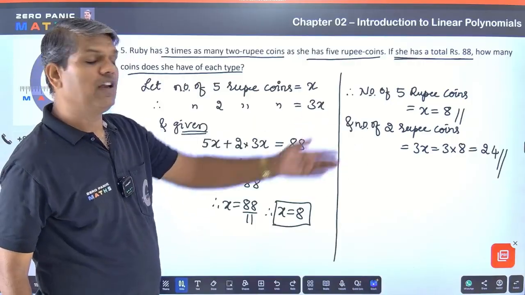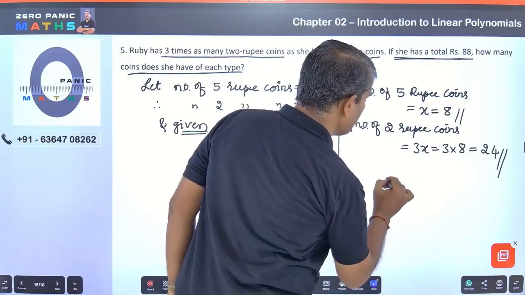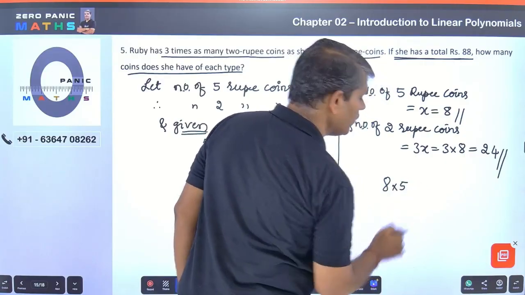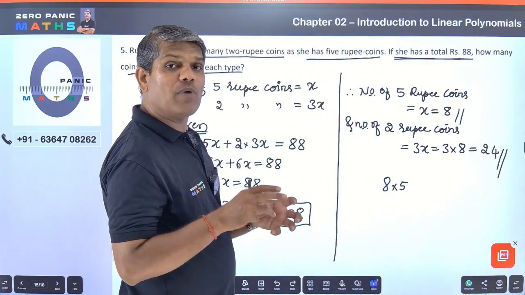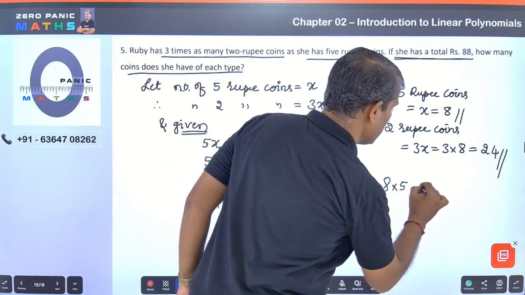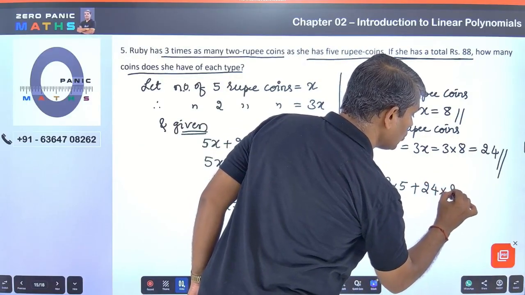Again, you can verify it. So how do you verify? x is the total number of 5 rupee coins, right? So what is x? 8. 8 into 5 will get you the amount she has with 5 rupee coins. Okay, and 24 2 rupee coins are there.